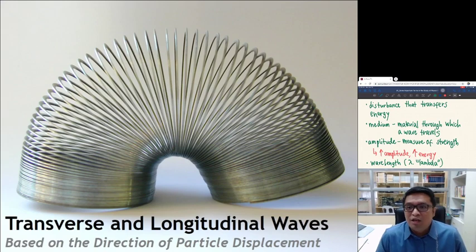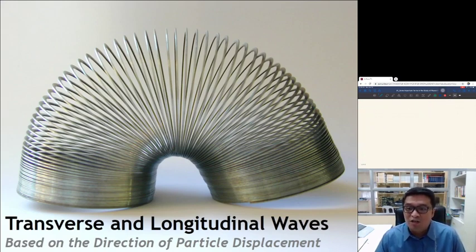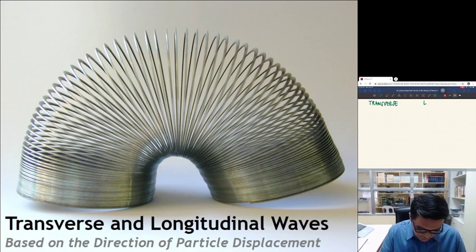So waves can be considered transverse or longitudinal, and it is based on the direction of the particle displacement. So let me write it down first. So you have transverse or longitudinal.